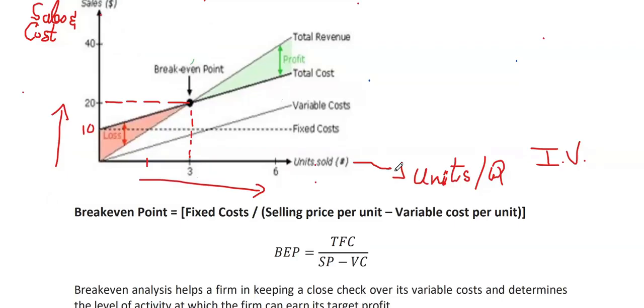Fixed and variable cost. So this total cost has a variable component and also a fixed component. Therefore it has to lie above the variable cost, as well as above the fixed cost. But it takes the shape of the variable cost curve.